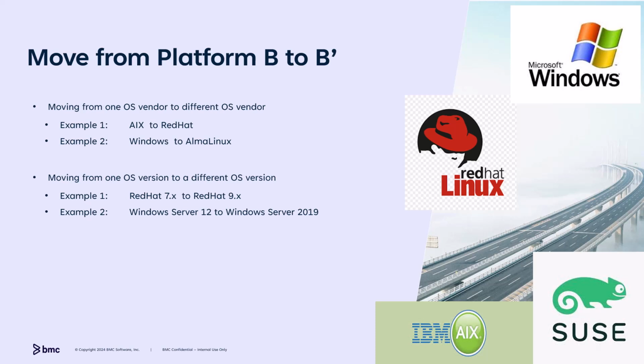For moving from one OS vendor to another, BMC recently announced it will drop support for IBM AIX. Moving from one OS version to another, such as moving from Red Hat 7 to Red Hat 9, can be achieved as well by moving to a new target environment with the new OS level.